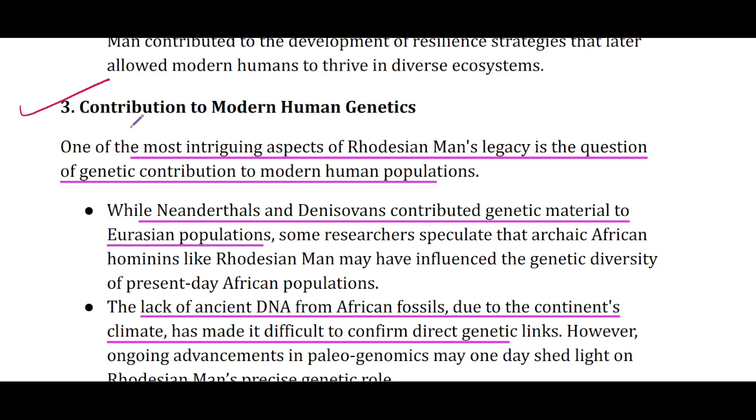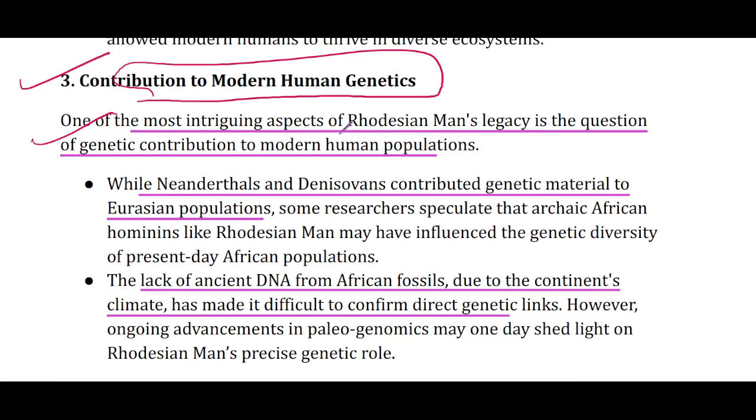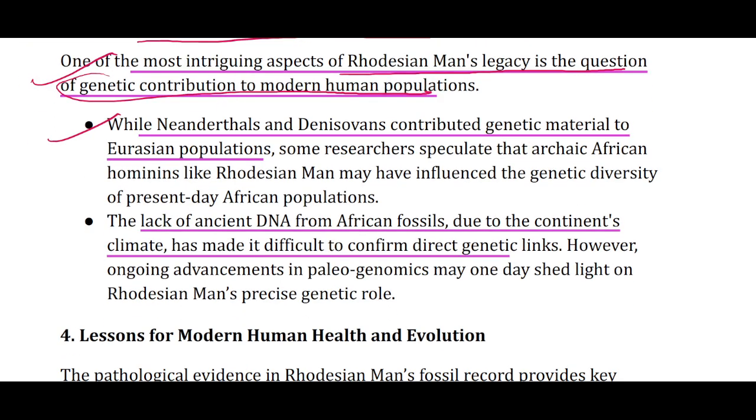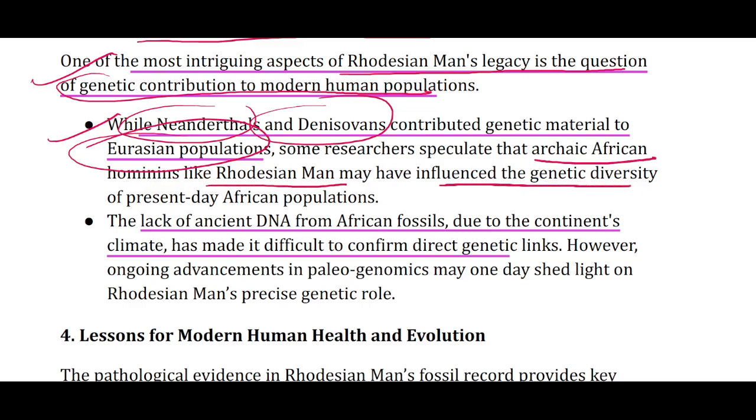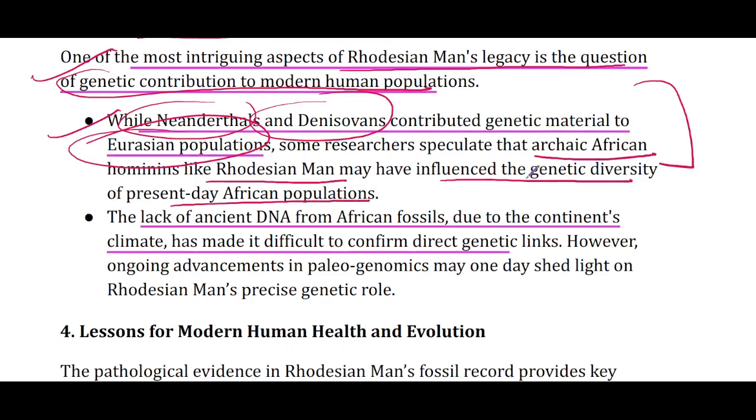Now, contribution to modern human genetics. One of the most intriguing aspects of Rhodesian man's legacy is the question of genetic contribution to modern populations. While Neanderthals and Denisovans contributed genetic material to Eurasian populations, some researchers speculate that archaic African hominins like Rhodesian man may have influenced the genetic diversity of present-day African populations.